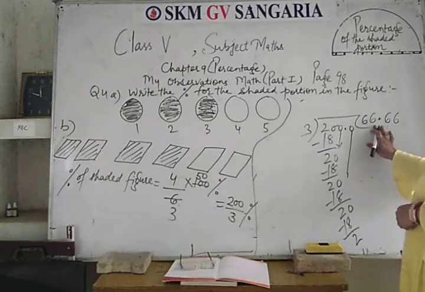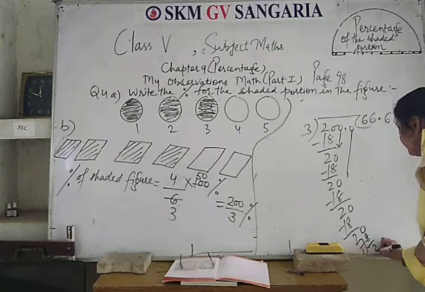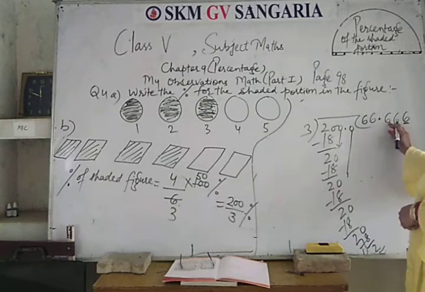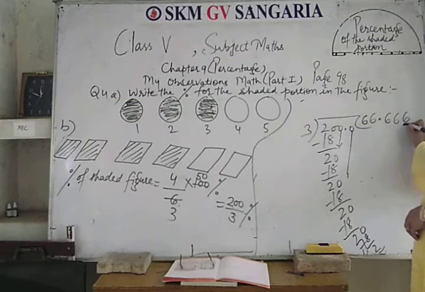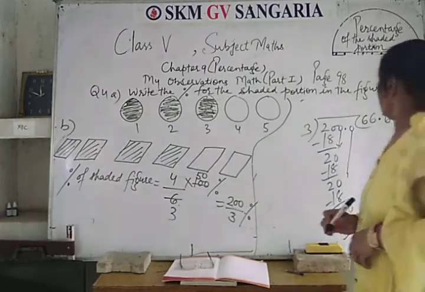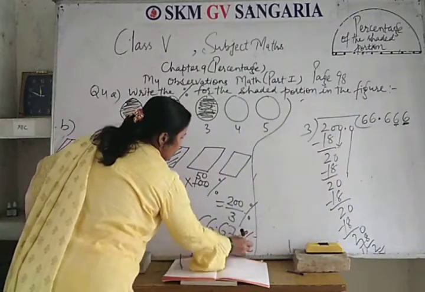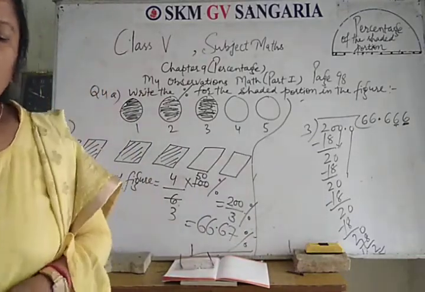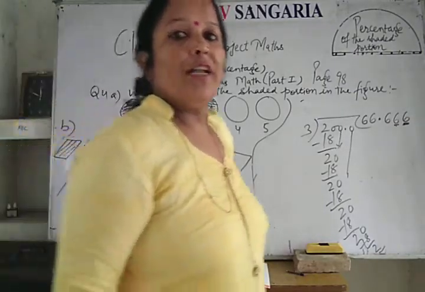Now it is 66.6, then 66.666. So we will round that. The digit at the thousandths place is 6, which is more than 5, so in place of 6 I will write 7. This will become 66.67%. Naturally the digit at the hundredths place increases by 1.